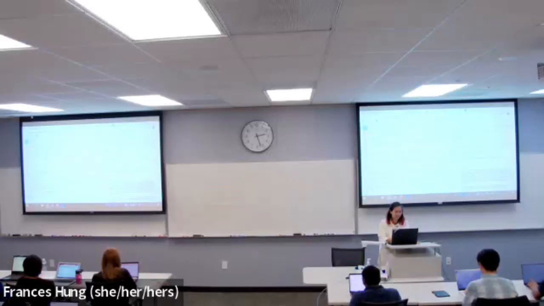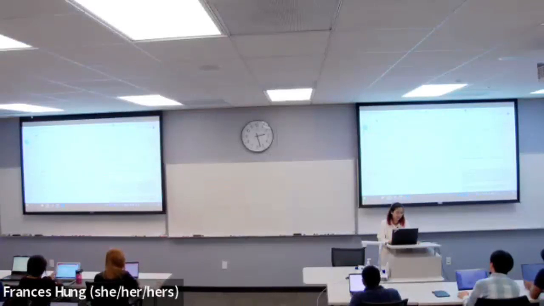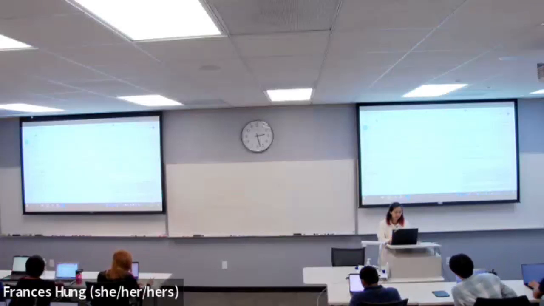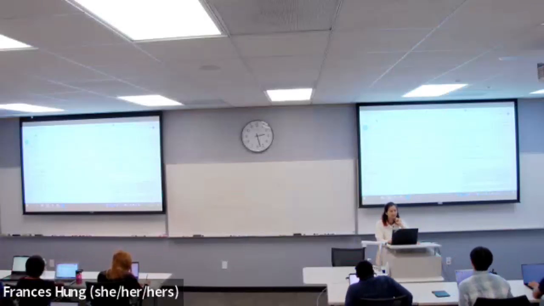Whereas 10 mod 3 would be 1 because 10 divided by 3 is 9, and then you have one more to get to 10. So that's a double percent sign. And integer division is division without the remainder.